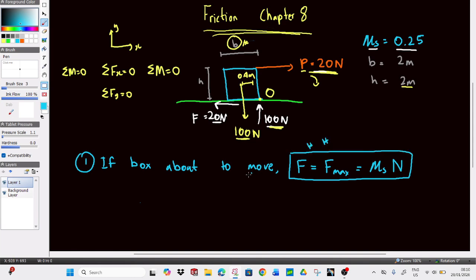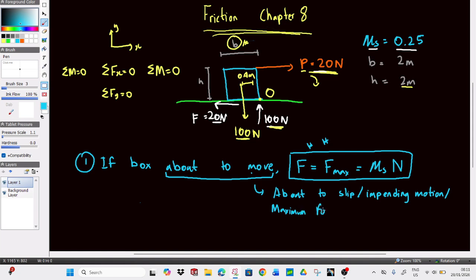And if the question only mentions the box is about to move or uses terminology like about to slip, okay, or impending motion, or maybe it says maximum force to hold before it moves. So there's many ways they can phrase this, right?